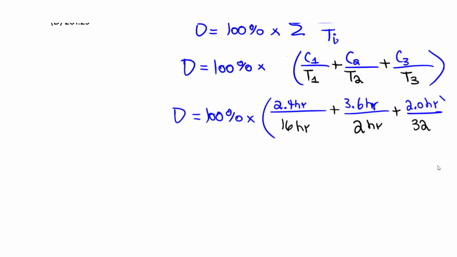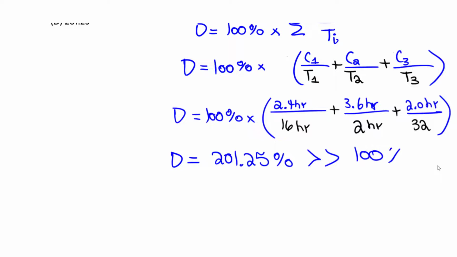So now you close that and solve for D. When you solve for D, you should get about 201.25%. So that one is way, way bigger than 100%. That says, okay, we have to employ noise abatement. Noise abatement is required.